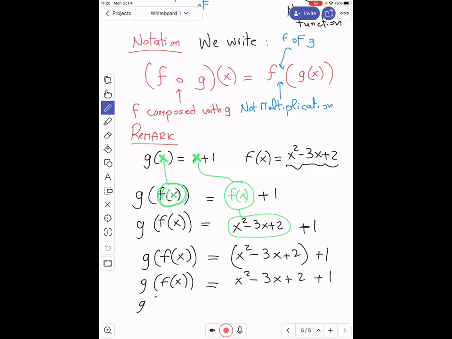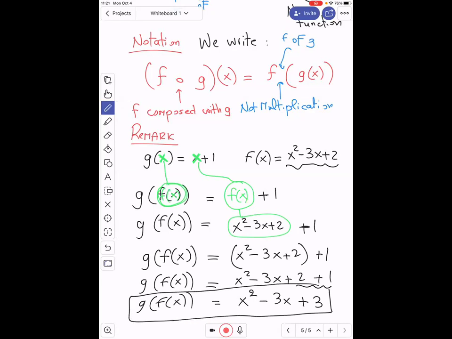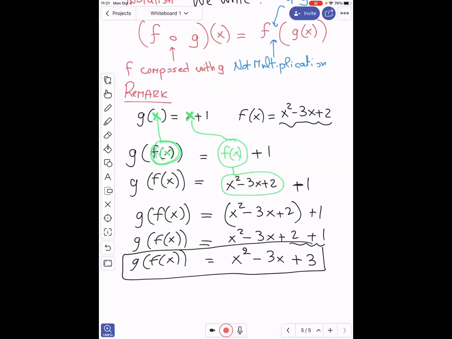So then g of f of x is x squared minus 3x, and then plus 2 plus 1, there'll be plus 3. Right, so that's my g of f of x.